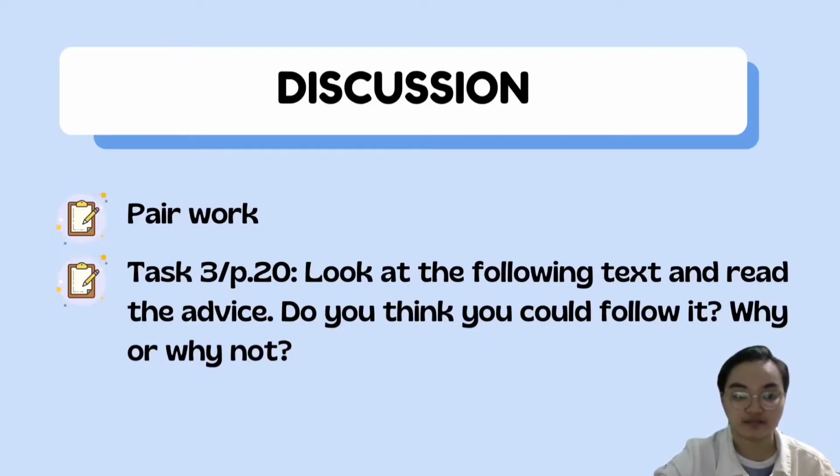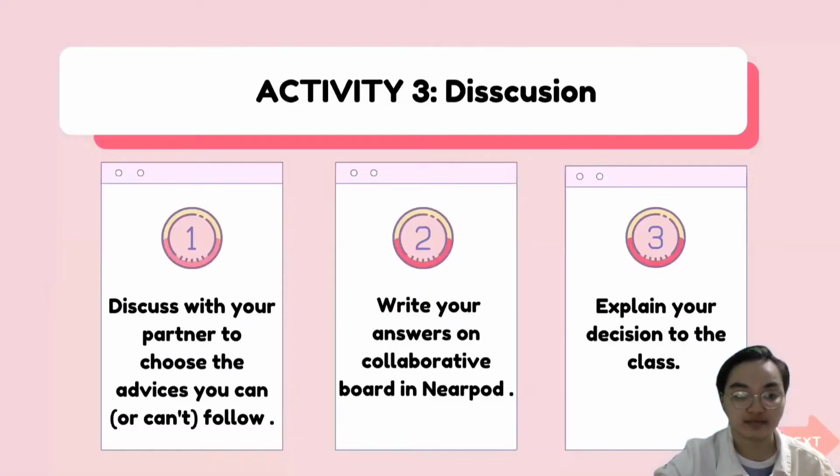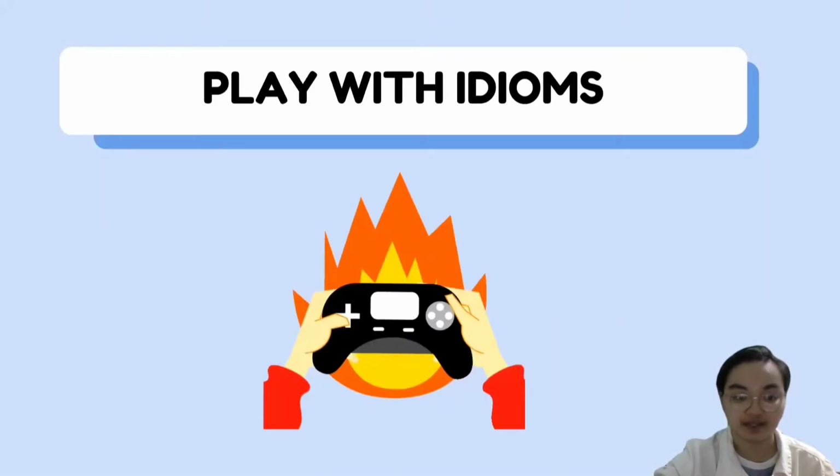Why or why not? In order to do this task, firstly, I would like you to discuss with your friend to choose the advice you can or can't follow. Secondly, you will write your answers on a collaborative board in Nearpod. And lastly, I will invite some of you to explain your decision to the class. Then, after the discussion, we will play an interesting game in Nearpod.